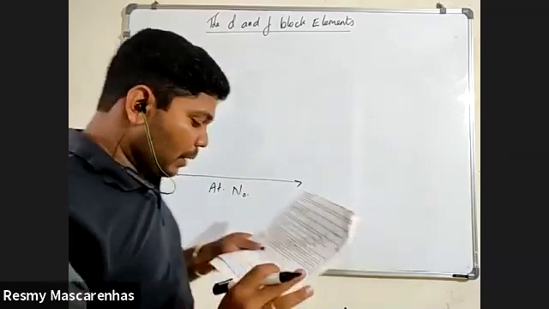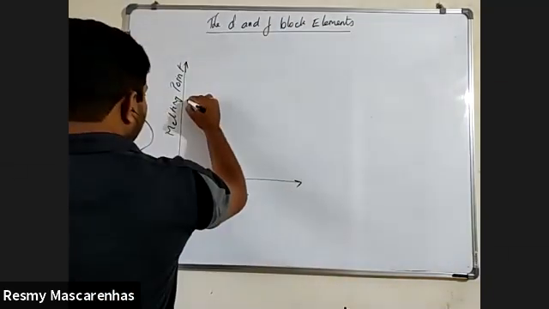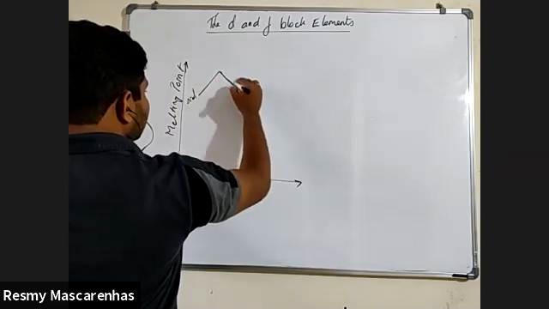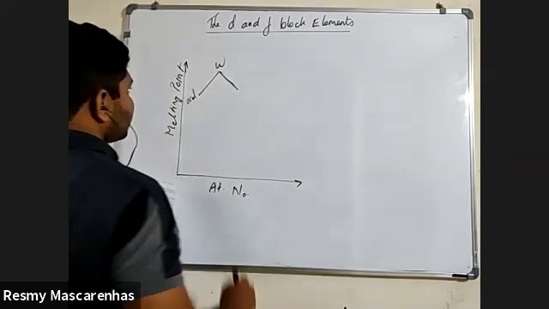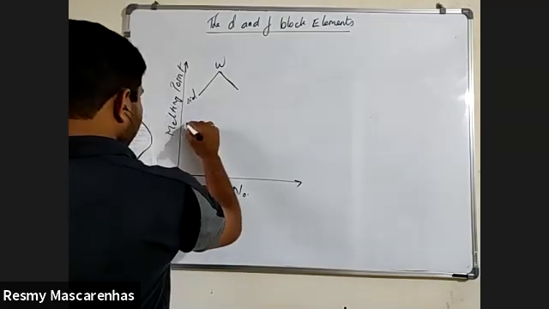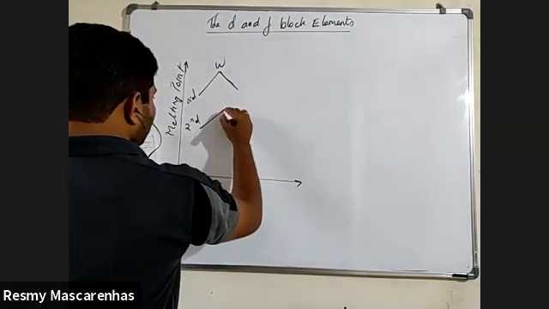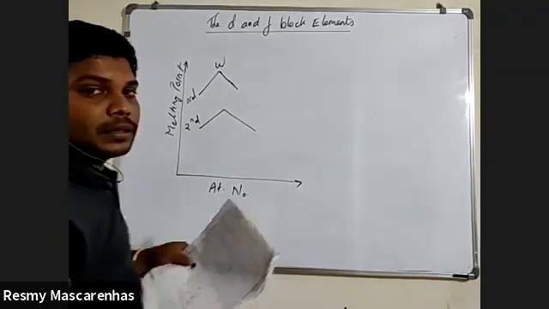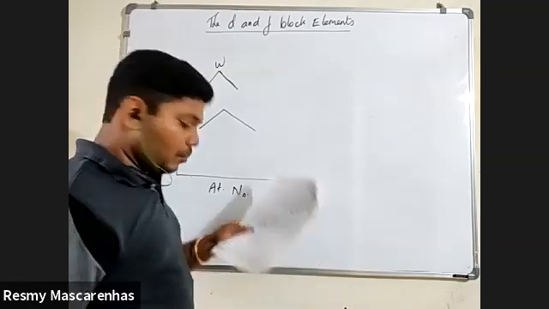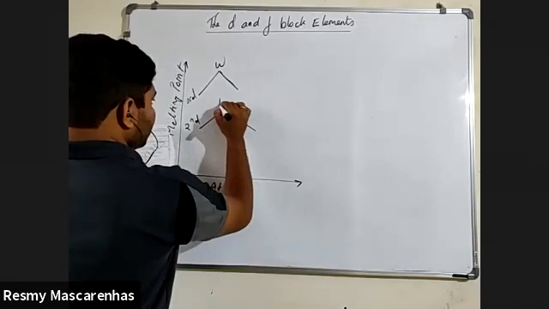Okay, so please remember. In the third transition series, tungsten is the highest for melting point. Then in the second transition series, who is the highest, students? I'm just talking about the highest. Molybdenum, very good.